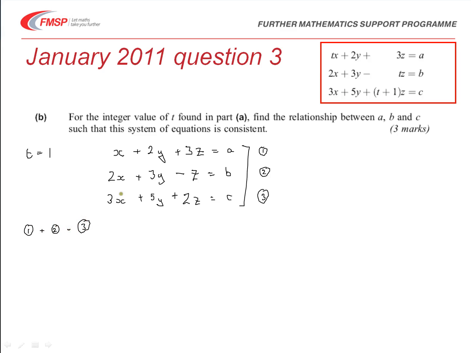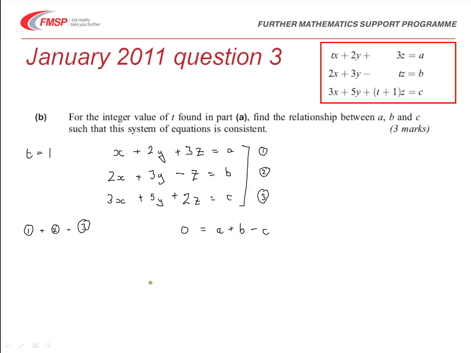And so we can see the x's cancel out, the y's cancel out, and the z's cancel out. So we get 0 equals a plus b minus c.